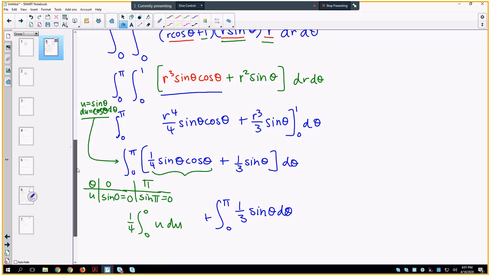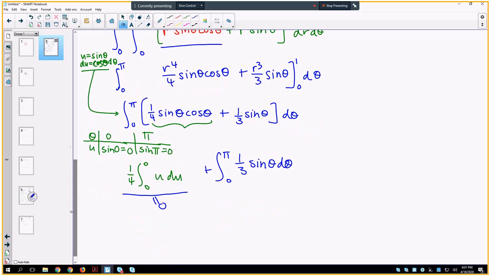And so you can see here that integration 0 to 0 is 0. So I don't even worry about that anymore. Antiderivative of sine is minus cosine. And I'll be evaluating at 0 and pi.